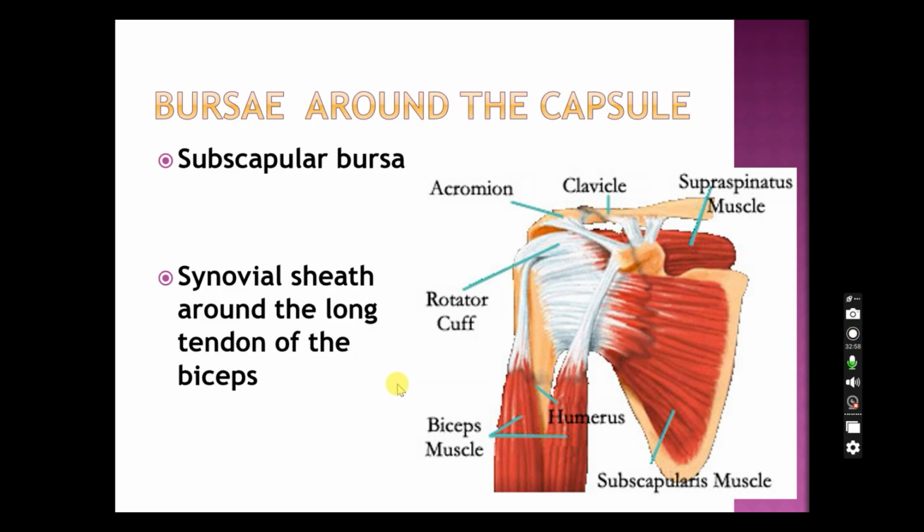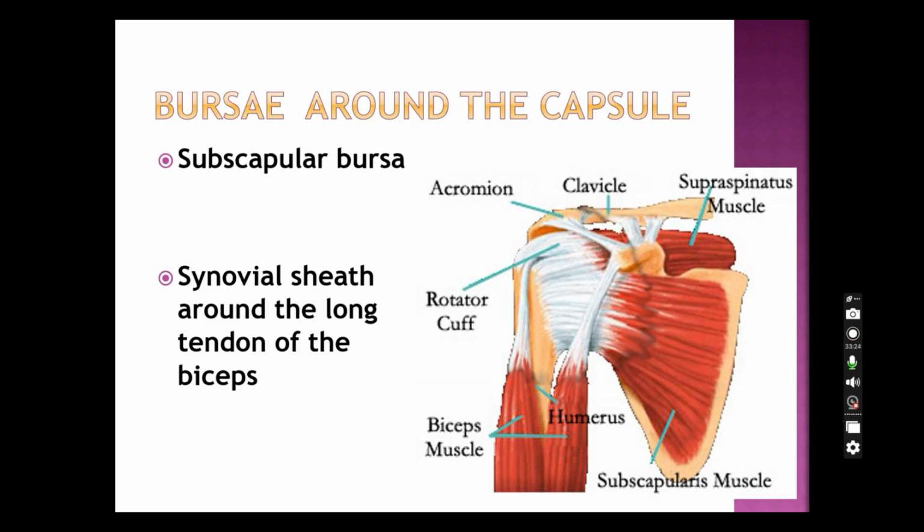There are some bursae around the joint. The idea of the bursae is to reduce the friction between two structures. Typically, when a tendon crosses any bony area or crosses any joint, there is a tendency for the tendon to rub against these unyielding bony structures and cause injury to the tendons.